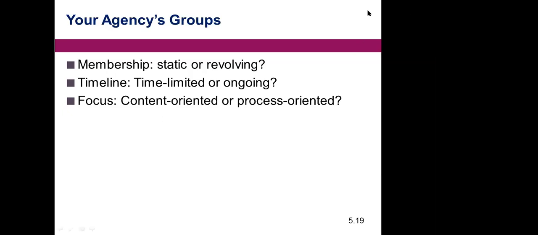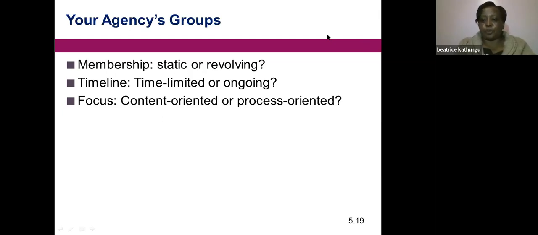Nothing yet. Yes, what about any hands that are raised? What do you have in your programs? Are they static, revolving? Are they time limited or ongoing? Are they content oriented or process oriented? Yes, you can type in the chat. You can raise your hand. Yes, anything in the chat, Jessica?